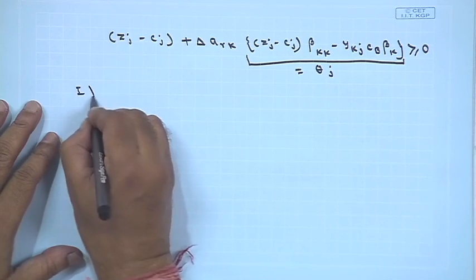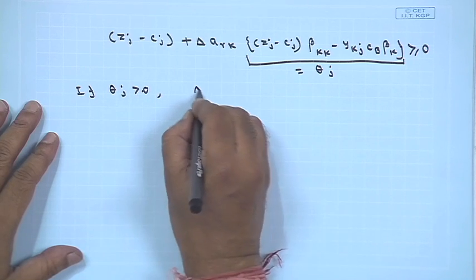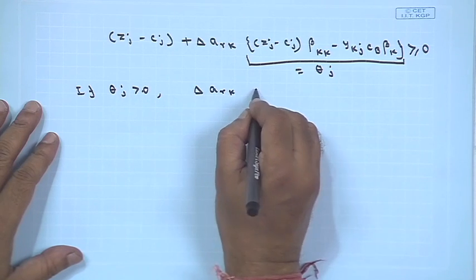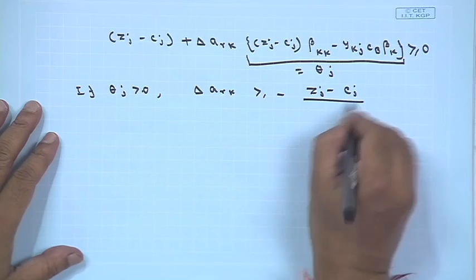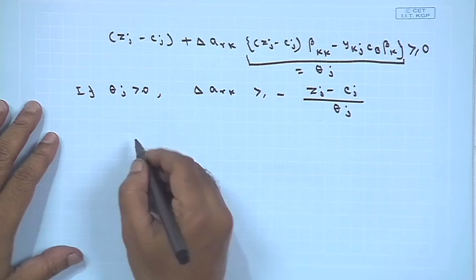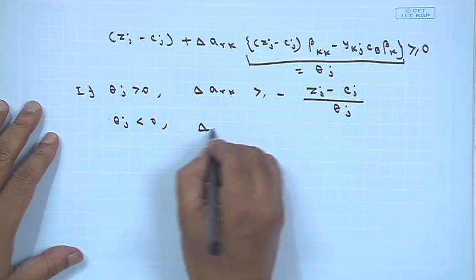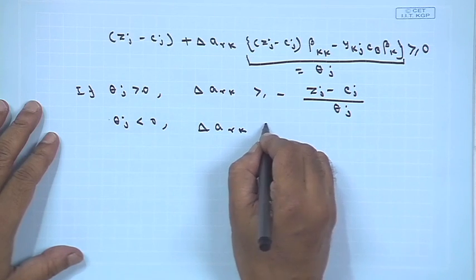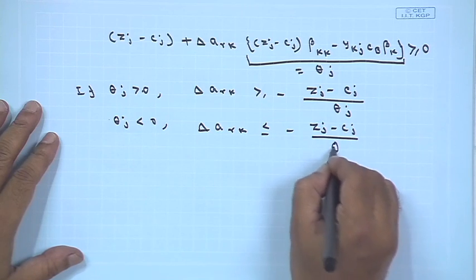So, if theta j greater than 0, in that case delta a r k is greater than equals minus z j minus c j by theta j, and if your theta j is less than 0, then delta a r k will be less than equals minus z j minus c j by theta j.